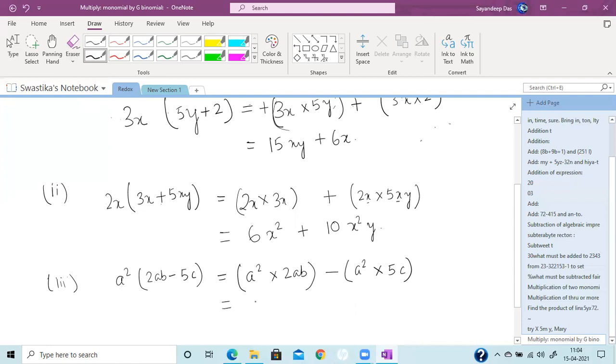So we can write here, now multiply 2 a square into a. A square into a is a cube into b. B is alone here, minus 5 ones are 5, or 1 into 5 is 5. Then a square is also alone and c is also alone. So the answer is 2a cube b minus 5a square c. So this is the way we multiply a monomial by a binomial.